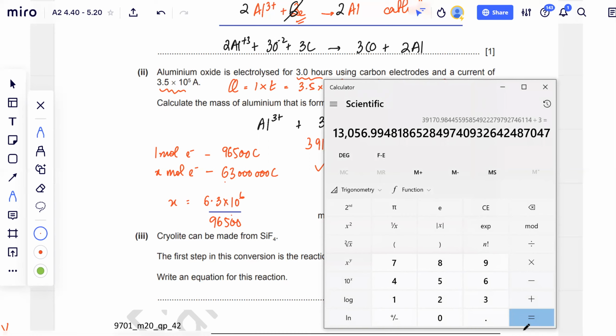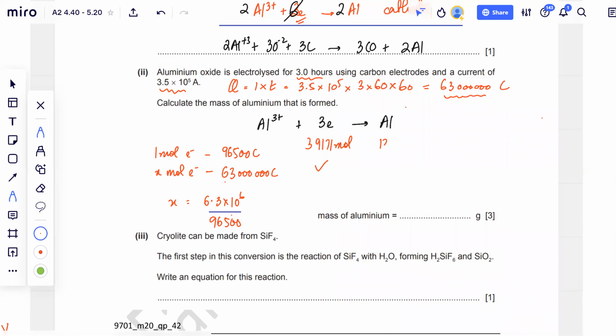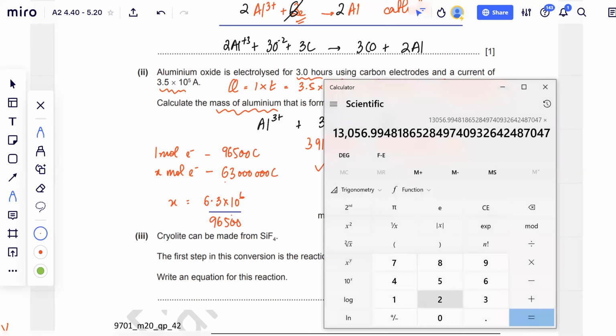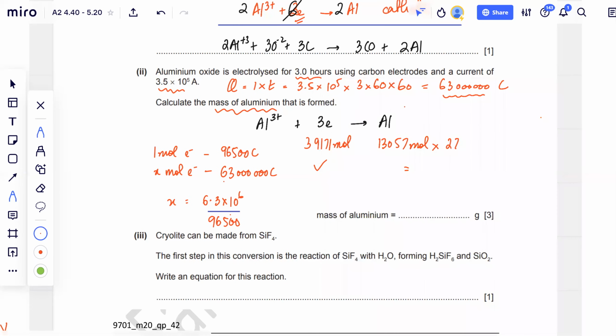We got 13,057 moles. And he's asking for the mass of aluminium. So the mass would be multiplied by the Ar, which is 27. And what do you get? You get 352.538.